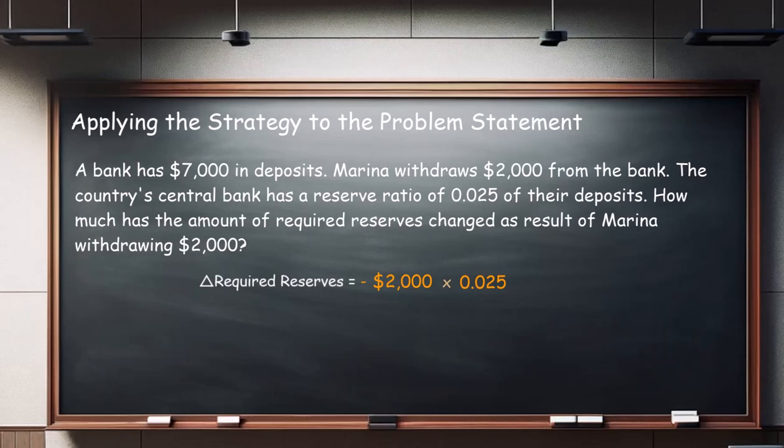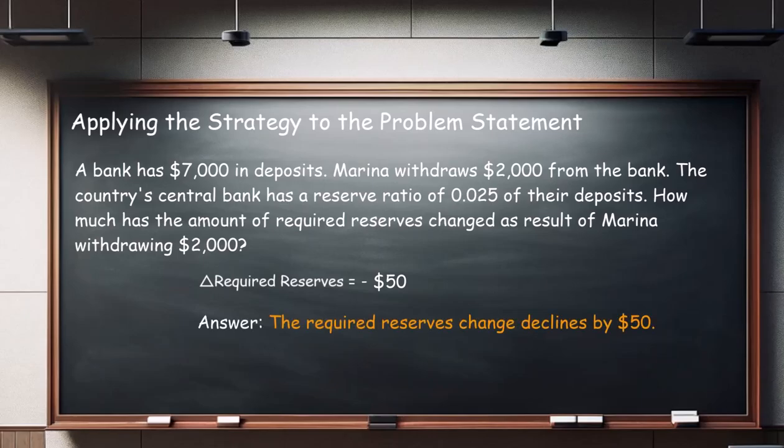So, multiplying the withdrawal of $2,000 by the reserve ratio of 0.025 is a negative $50. So, when Marina withdraws $2,000 and the central bank sets the reserve ratio to 0.025, the bank's required reserves decline by $50.